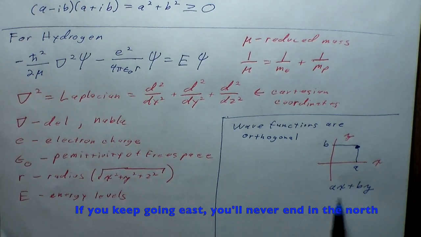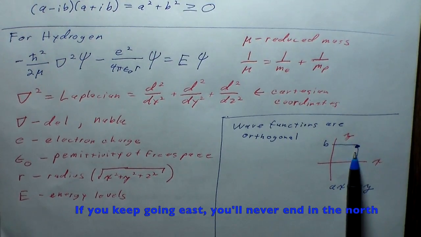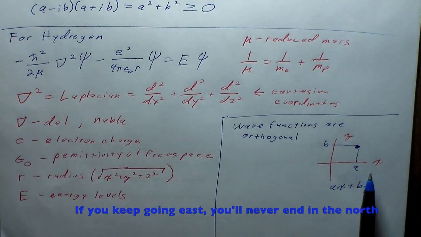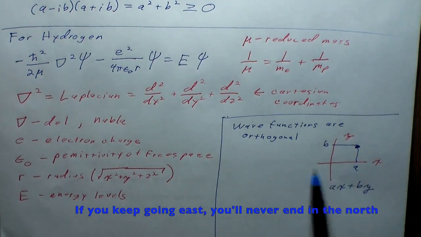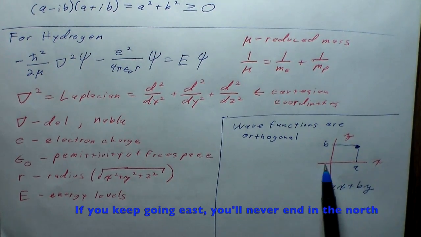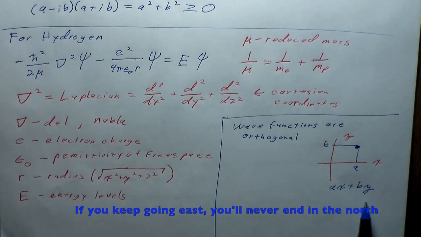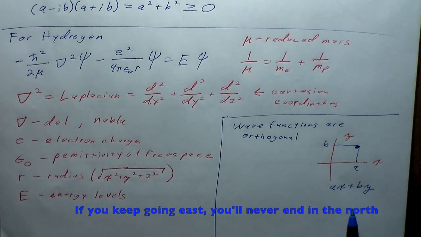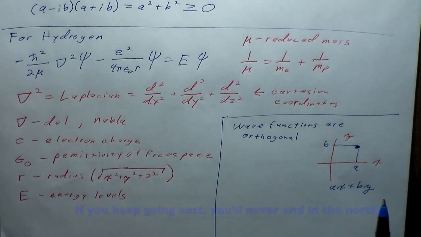I need to have both of these x and y components to describe this point. If I just have one, there's no way I can get up there, because you're just going to be stuck on the number line. So you're going to need the x and the y to fully describe this. Just like if you're dealing with wave functions, to fully describe a particular wave function, you're going to need to add up your different wave functions to make a total solution here.